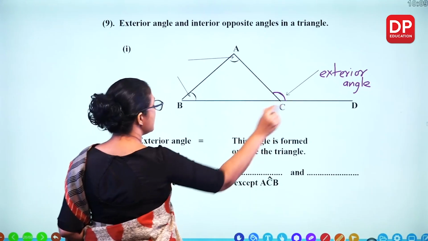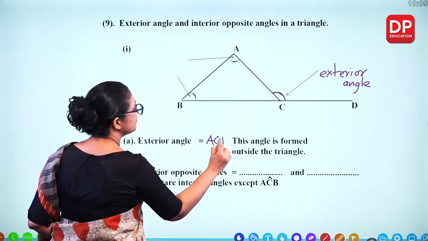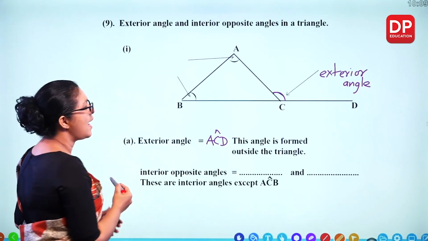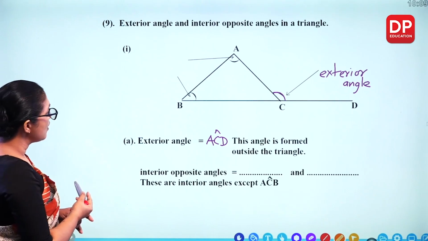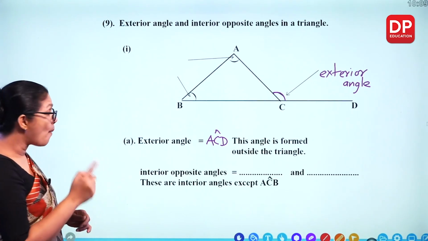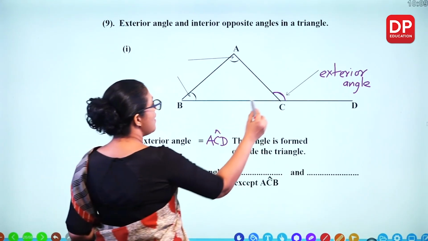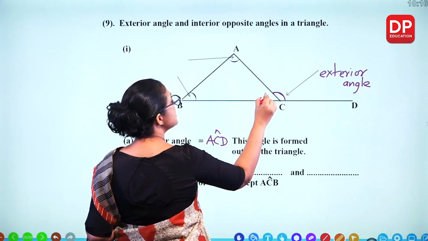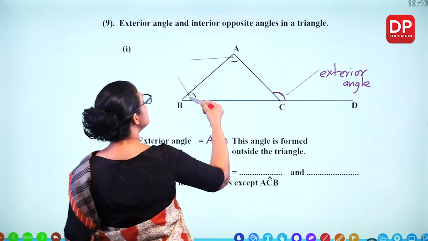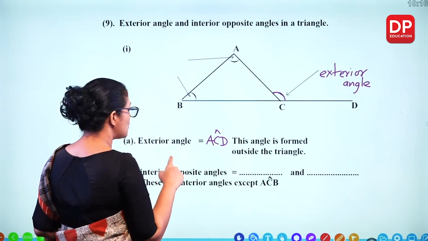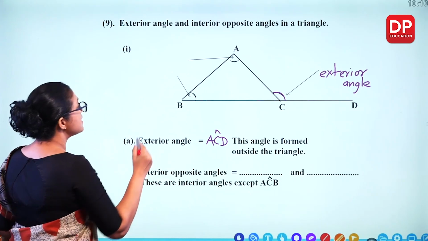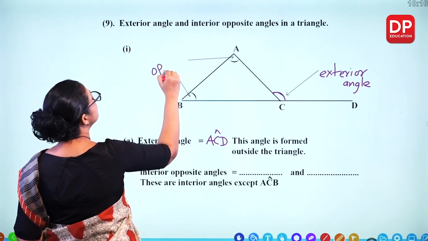A, C, D. So that's an outside angle. Now we need to find the opposite interior angles. This one we don't say opposite interior angle. The other two angles, we can say opposite interior angles.